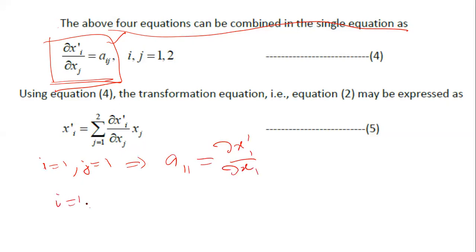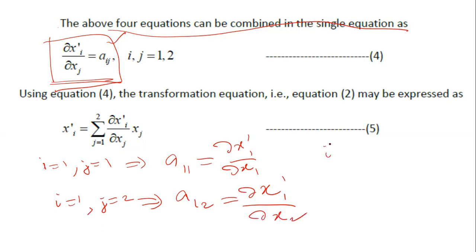If i is 1, j is 2, then you have a12 equals del x1 prime upon del x2. So likewise, i equal to 2, j equal to 1 will lead to a21, del x2 prime upon del x1.